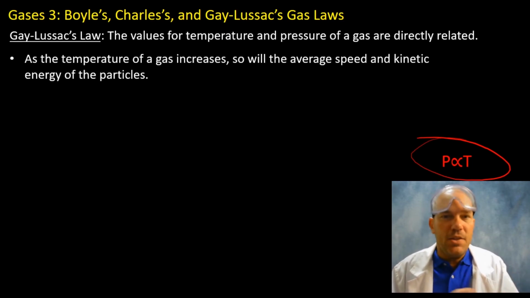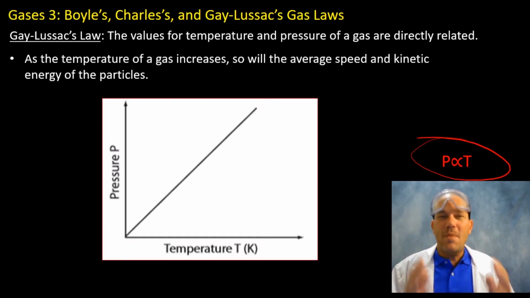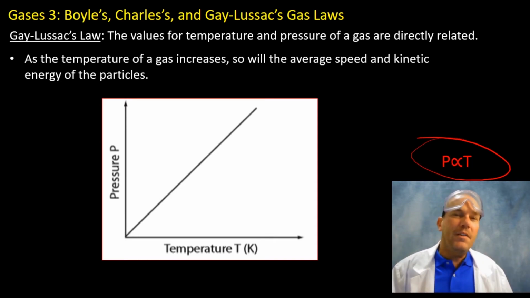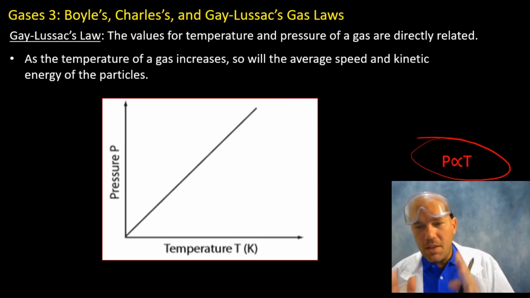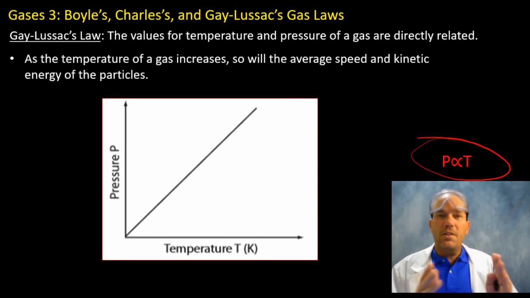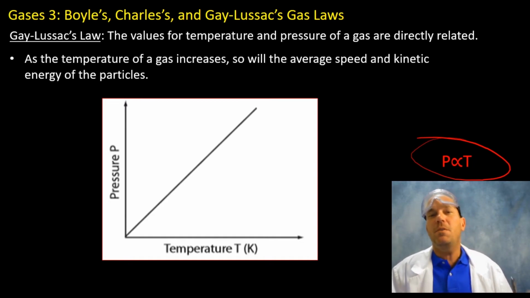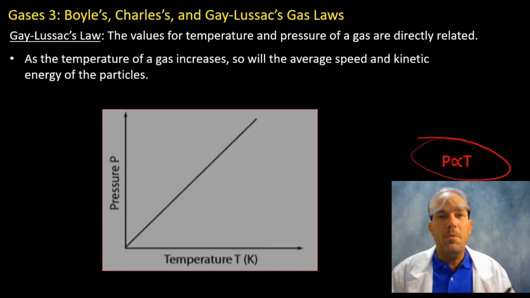So again, this should not be a surprise to hear, but I am telling you it's official. Gay-Lussac's law is mathematically and graphically represented just like we saw in Charles's law. Pressure as a function of temperature in Kelvin will give you a constant positive slope because they are directly proportional.